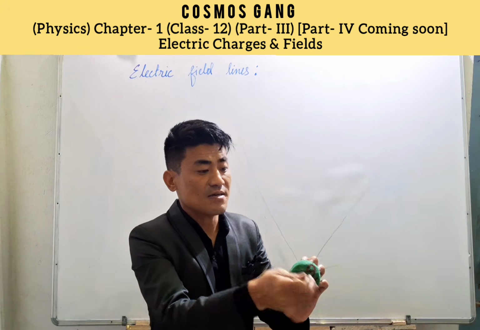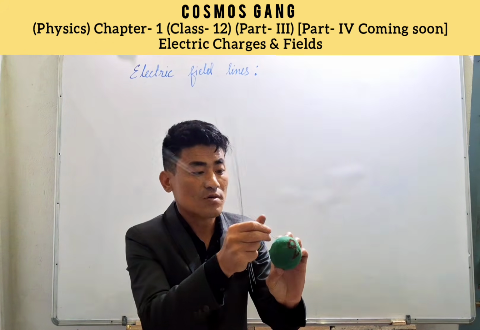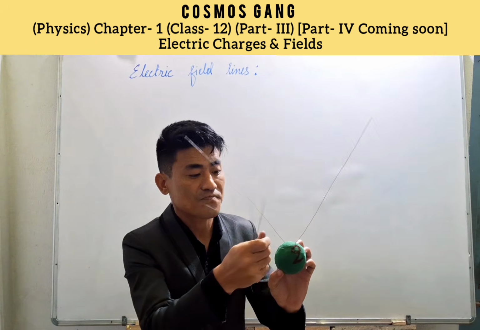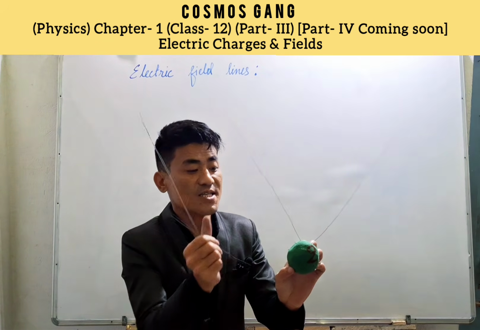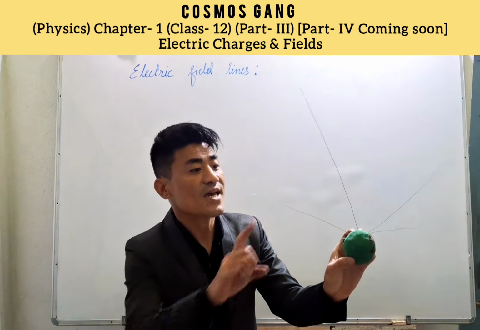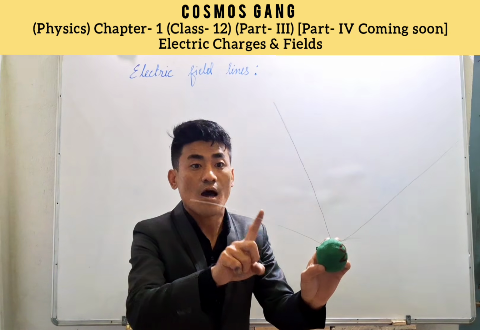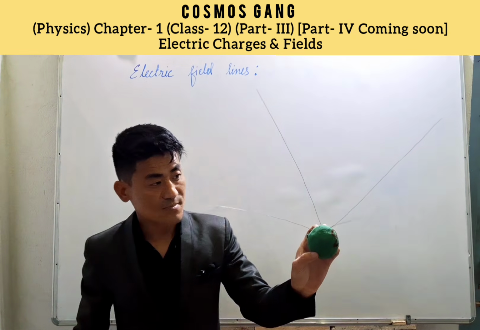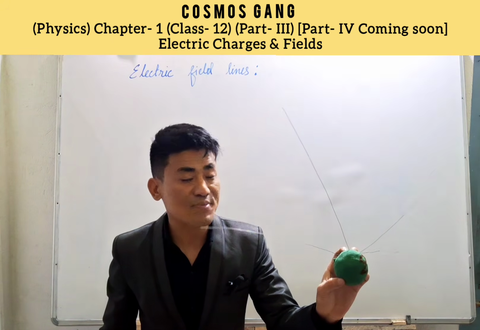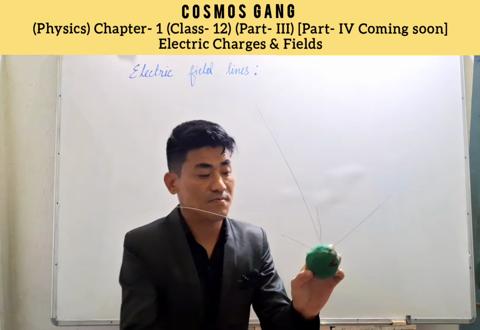In reality, we cannot see it, but I can draw the lines like this, straight or curved, to show that electric field lines are present. So these imaginary lines, which may be curved or straight, are called our electric field lines, which are used to represent the electric field around the charge.